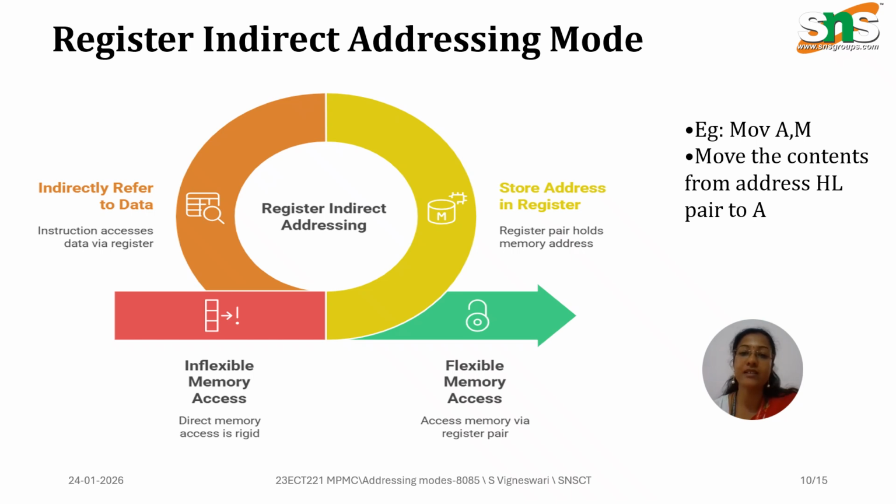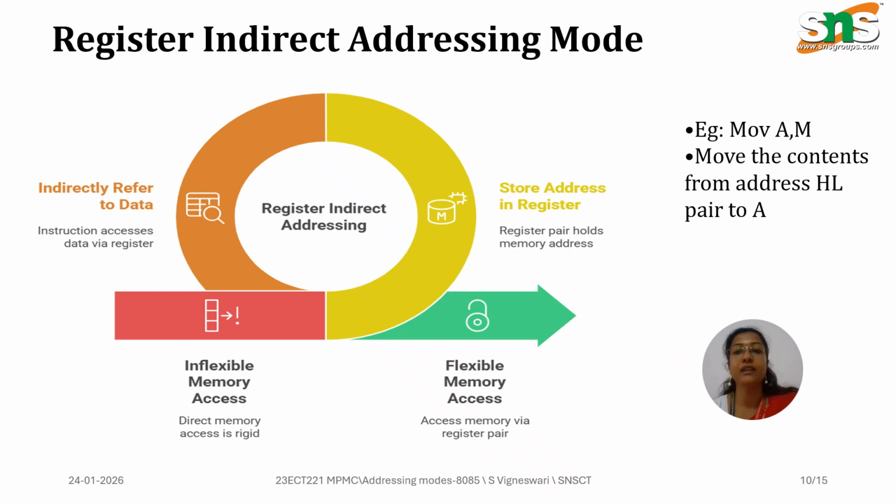Next comes the register indirect addressing mode. In register indirect addressing mode, the address of the operand is stored in a register pair. As we have seen already, the registers can also be used in pairs like BC, DE and HL. Here the register pair we are using is HL, which is the memory pair.